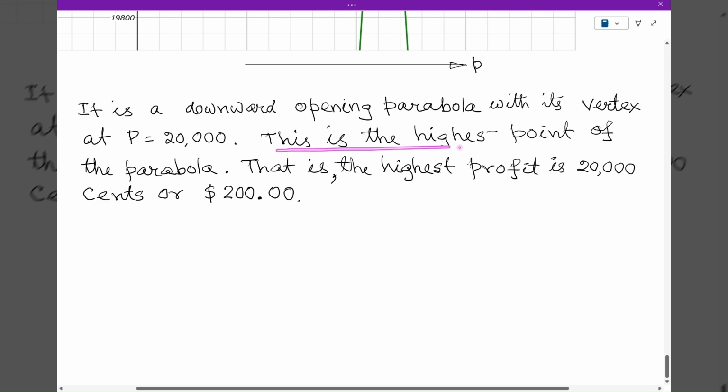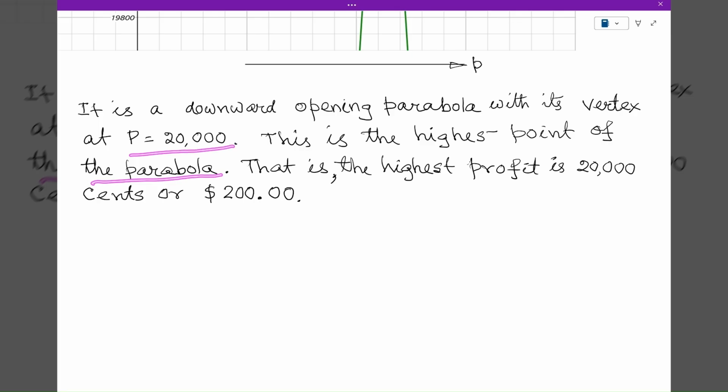This is the highest point of the parabola, that is P equals 20,000. That is, the highest profit is 20,000 cents, or $200.